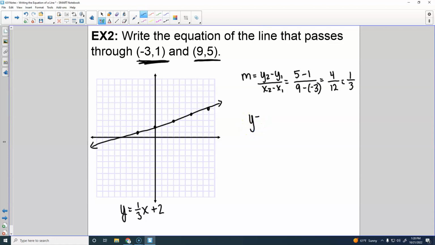I will have y equals 1/3 x plus b, and I have to plug in my x and my y here. So that will be 1 equals 1/3 times -3 plus b. 1/3 of -3 is going to be -1.